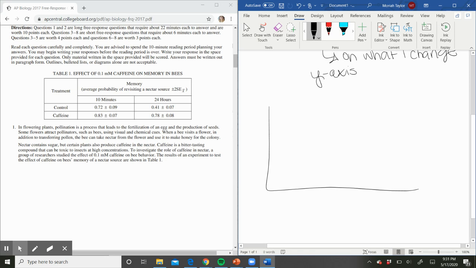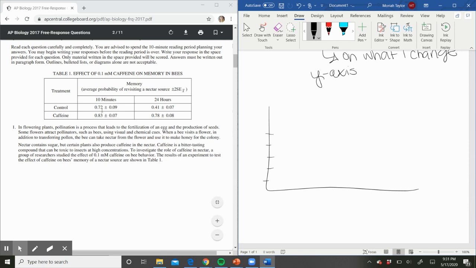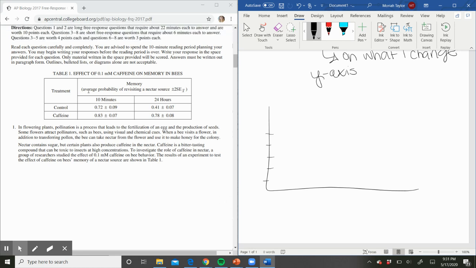So we have this really raunchy axis. Just pretend that this is to scale. Okay, so we look at our scale real quick, and because our dependent variable is going to be the average probability of revisiting a nectar source, because it's probability, it's going to be a decimal.